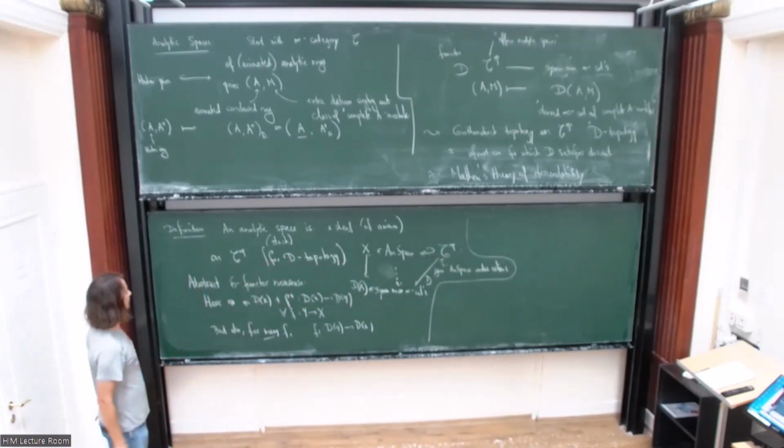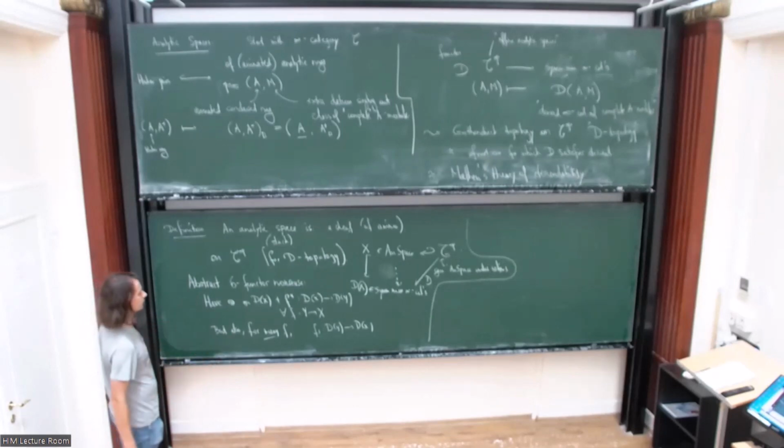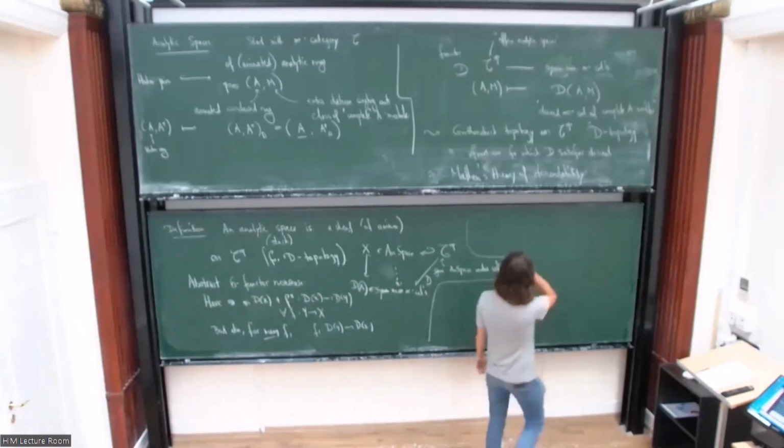And this funny world of analytic spaces really includes, I don't know, usual analytic spaces can be embedded into this world, complex analytic spaces can be embedded into this world, and so on and so forth. Okay.